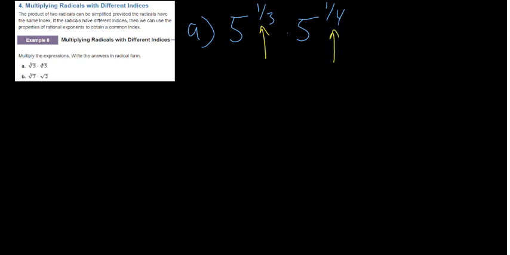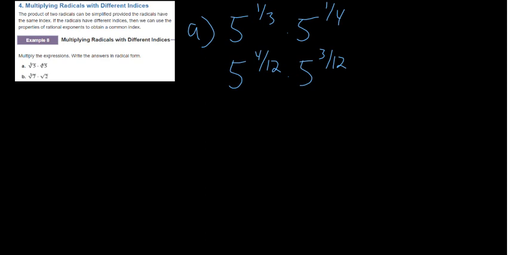That common denominator looks like it would be 12, right? So let's write it with a denominator of 12. So that's going to be 5 to the 4/12 times 5 to the 3/12. Let's fix that 4 there. There we go. All right, so 5 to the 4/12 times 5 to the 3/12.